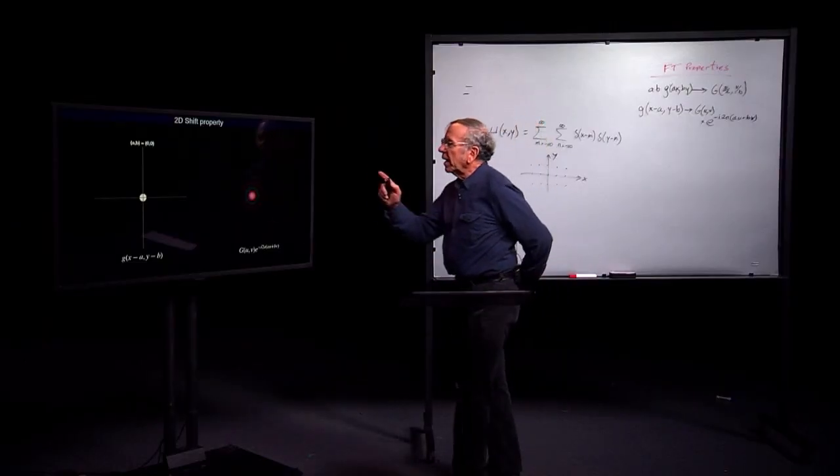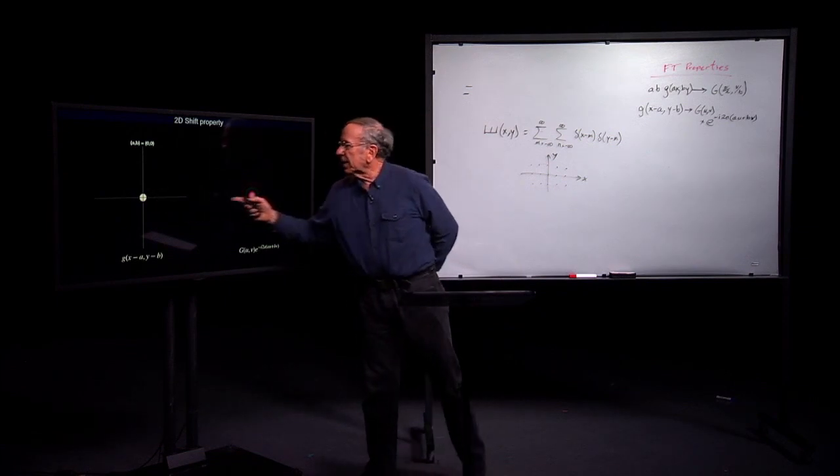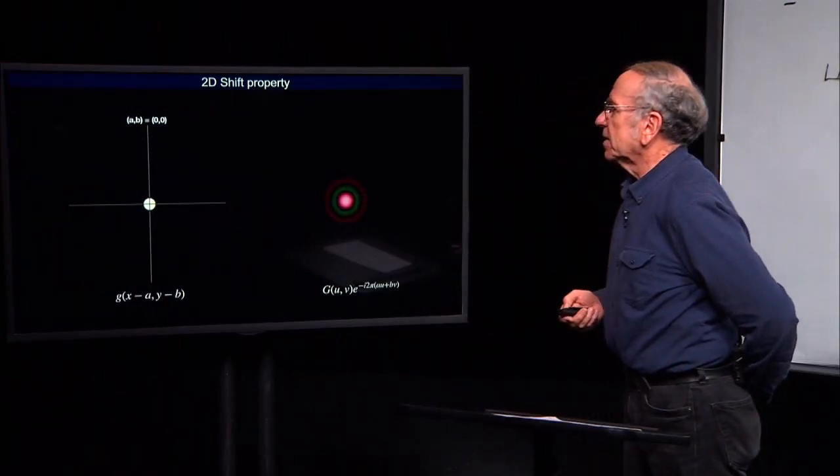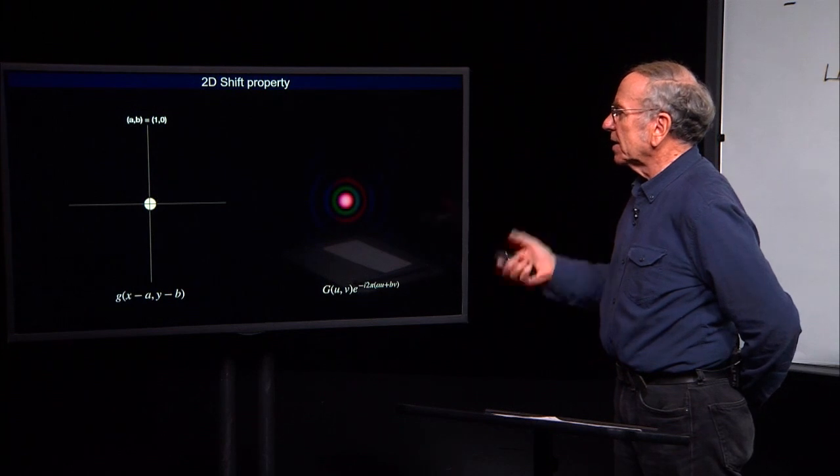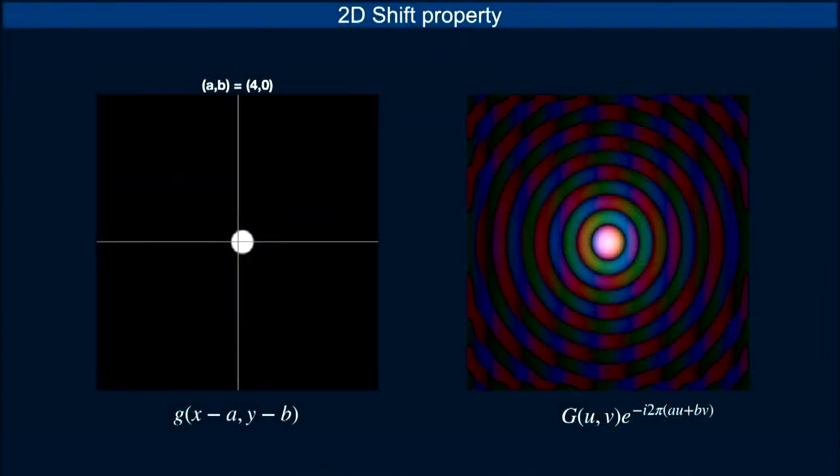So here's what that might look like. So here is my circ function, and there is its Fourier transform. And now what I'm going to do is start shifting my disk, my circ function, along the x-axis. And you can see that in the horizontal direction, I now have new colors appearing.